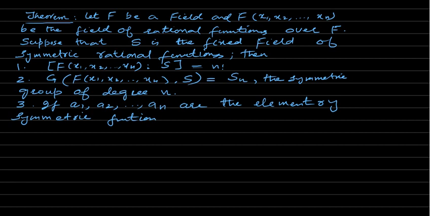These are called elementary symmetric functions, and an is the product of these n elements x1, x2, ..., xn. So these are elementary symmetric functions in the letters x1, x2, ..., xn. Then this fixed field S is exactly equal to the smallest field containing F and these symmetric functions.